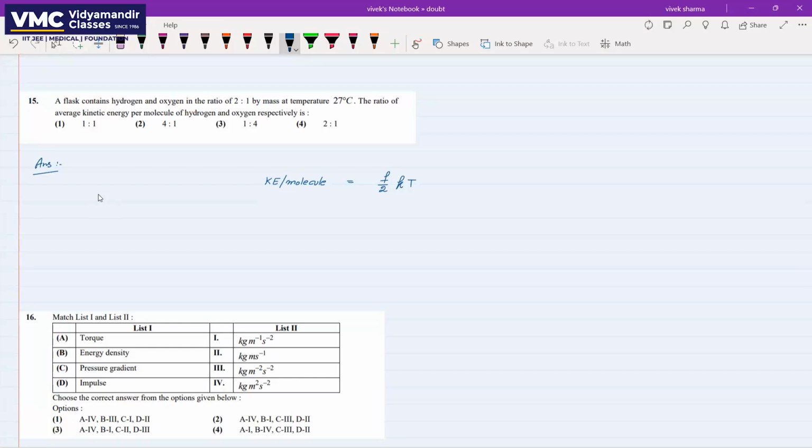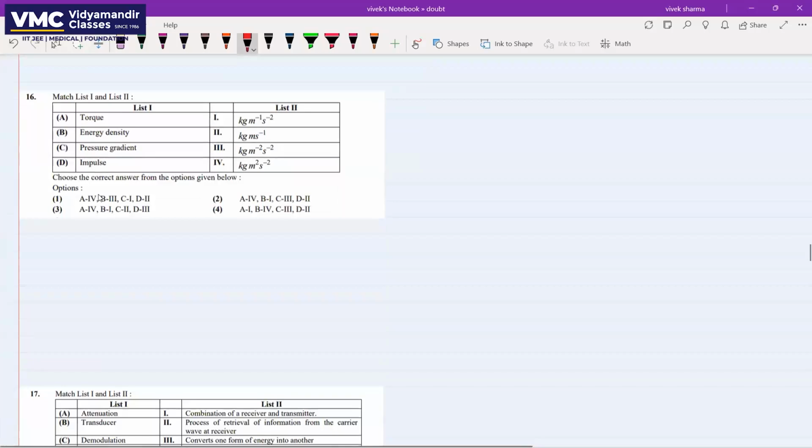As both oxygen and hydrogen are at the same temperature and both are diatomic, the degree of freedom for both will also be the same. So kinetic energy per molecule will also be the same. The ratio will be 1:1 and the correct answer will be option 1.